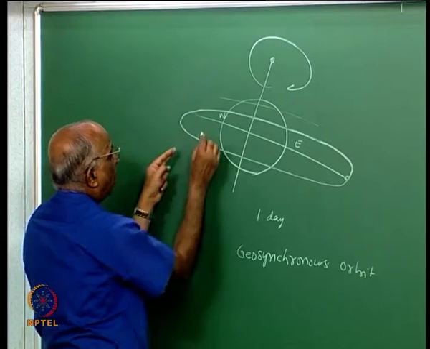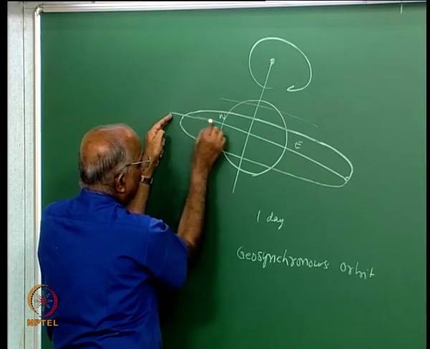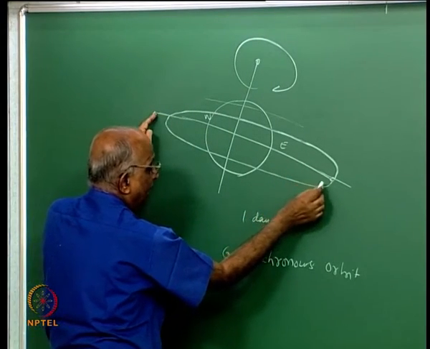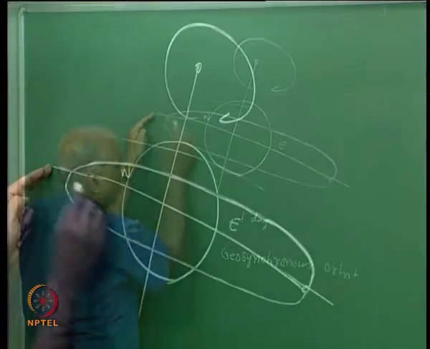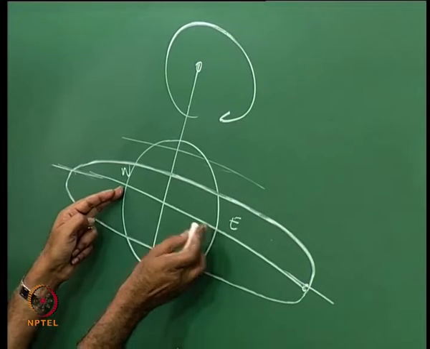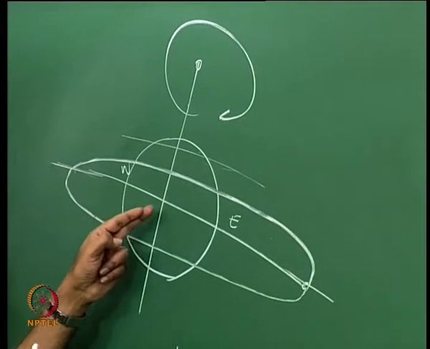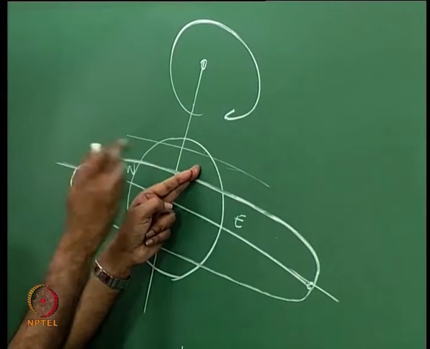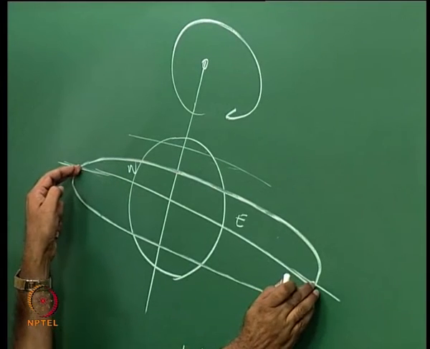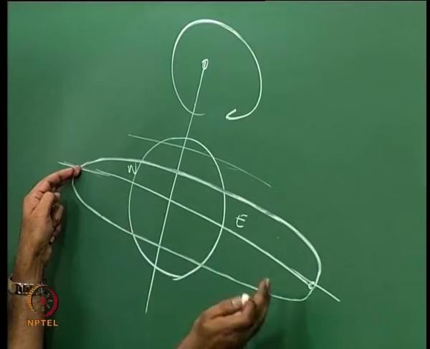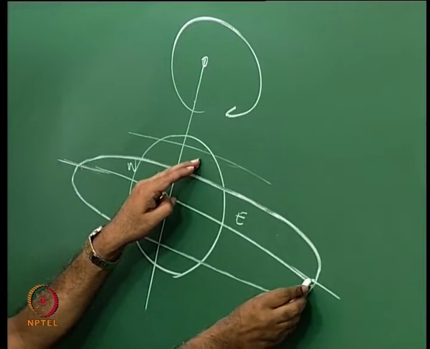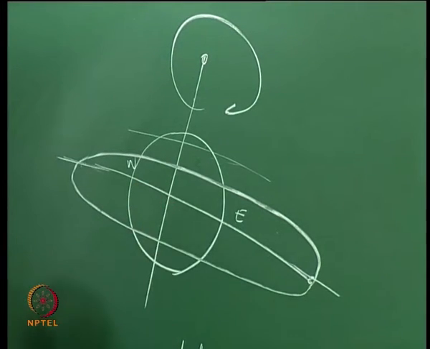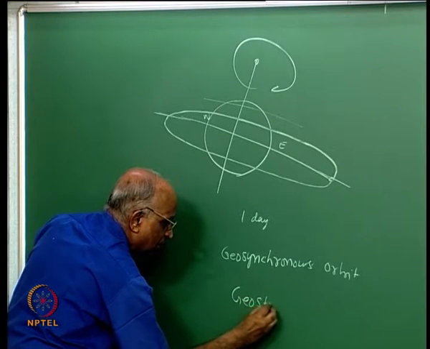However, if the body is rotating on the east west axis, namely on the equatorial plane, and it also rotates once in 24 hours, just the same way as the earth rotates in 24 hours, then any point on the surface of the earth, since the earth is also rotating once in 24 hours and this is rotating in the equatorial plane at the same rate, the satellite will always appear stationary to all points on the surface of the earth, and such an orbit is known as geostationary.